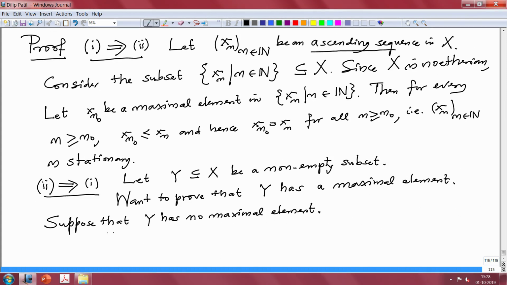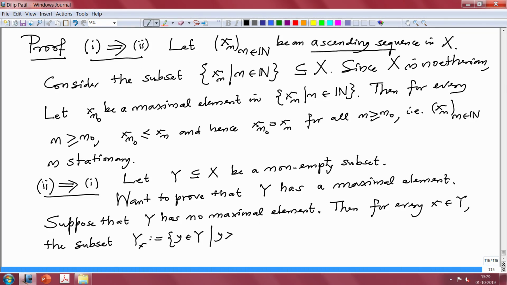Alright. What does this mean? Y has no maximal element. So then for every x in Y, the subset Y_x of all those elements y in Y so that y is strictly bigger than x is non-empty.